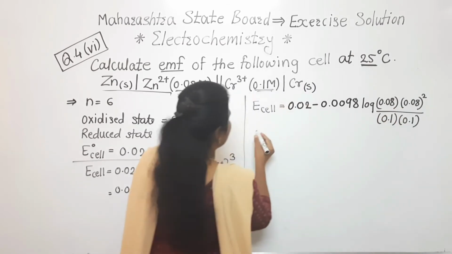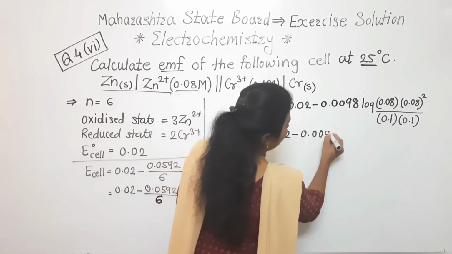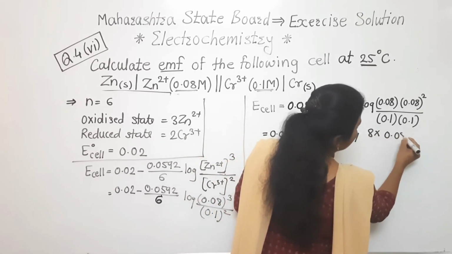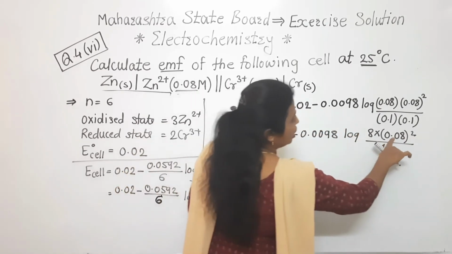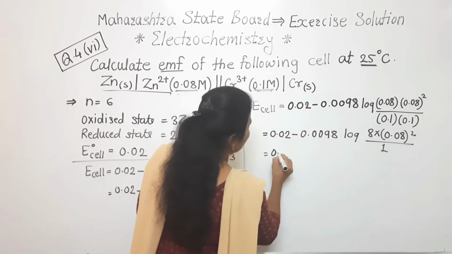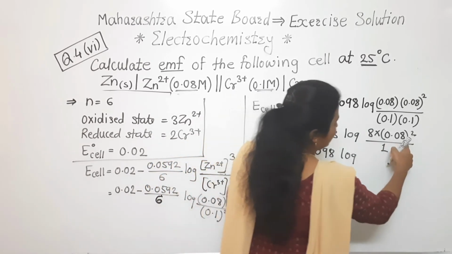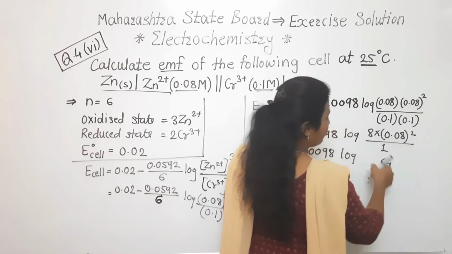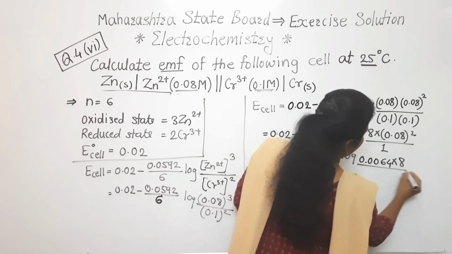So simplification will be 0.02 minus 0.0098 log of 8 into 0.08 squared divided by 1. After that, if we are multiplying, then what will be the square? That we will write here. Now see here, 0.02 minus 0.0098 log of 8 into 8, 8 8s are 64, but our decimal will be after 4 digits, so 0 1 2 3 4, into 8 divided by 1.